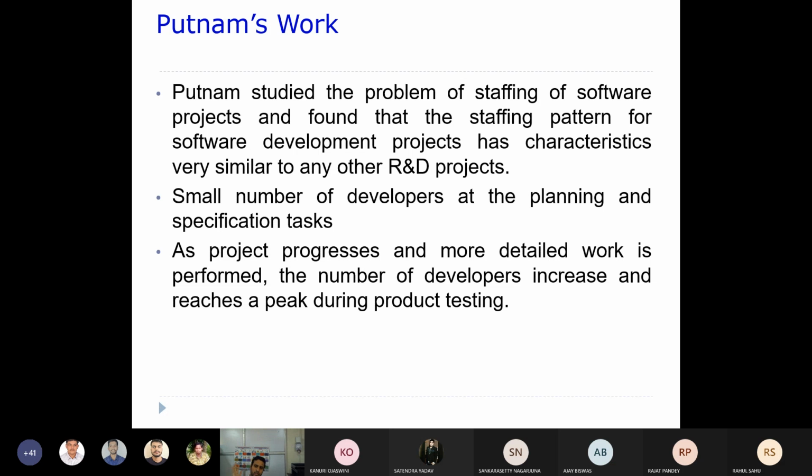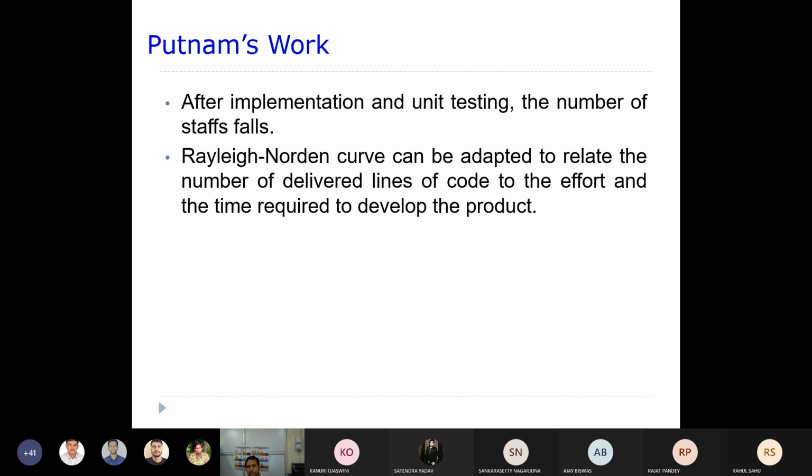And thereafter the number will slowly decrease once it is deployed. During deployment you will have very few people, right? After implementation and unit testing, the number of staff falls.